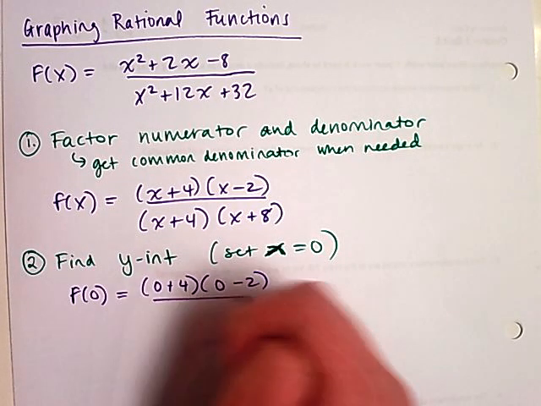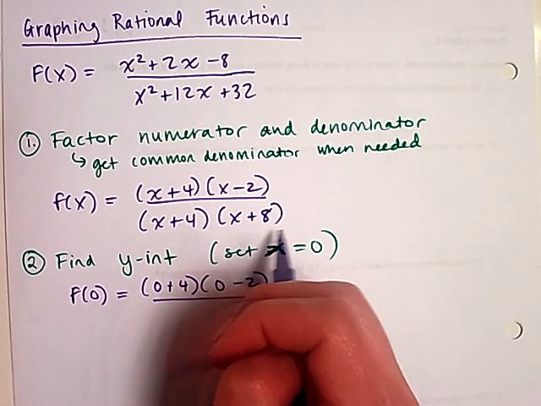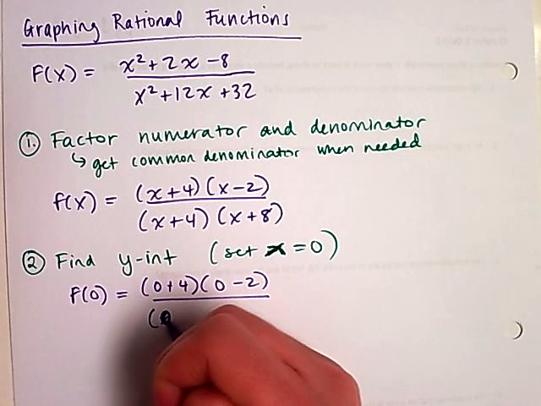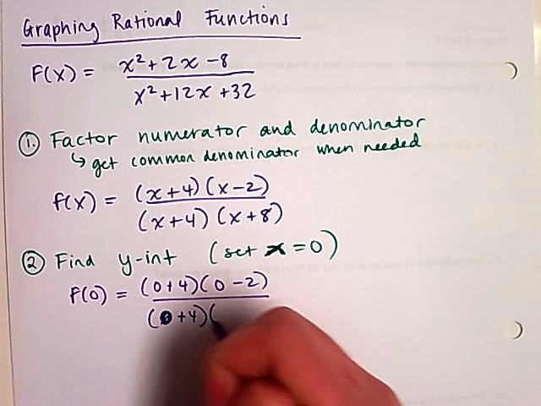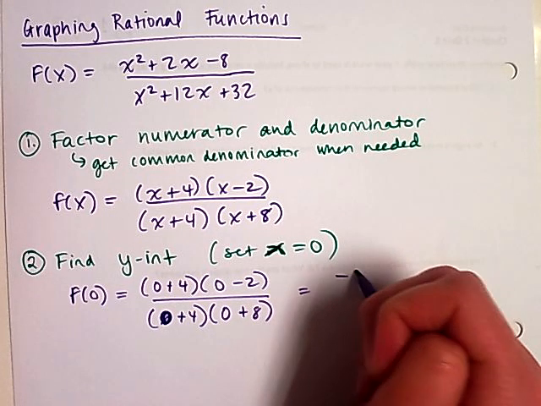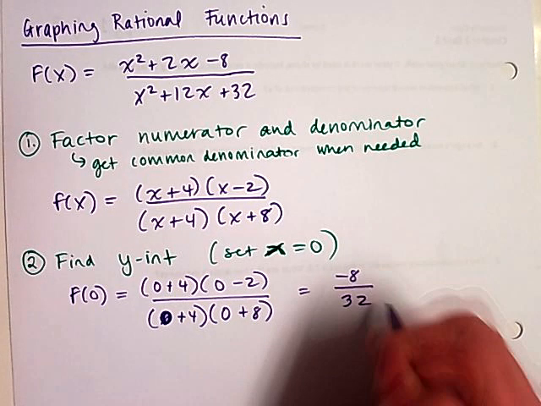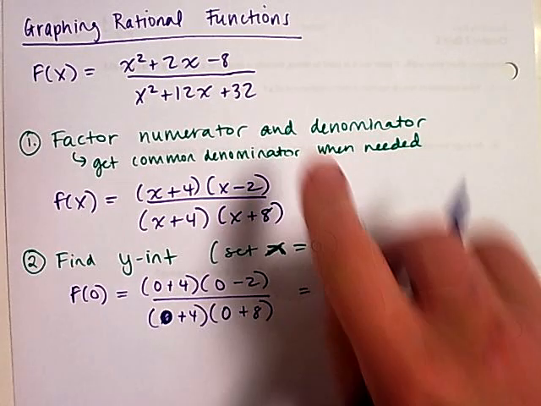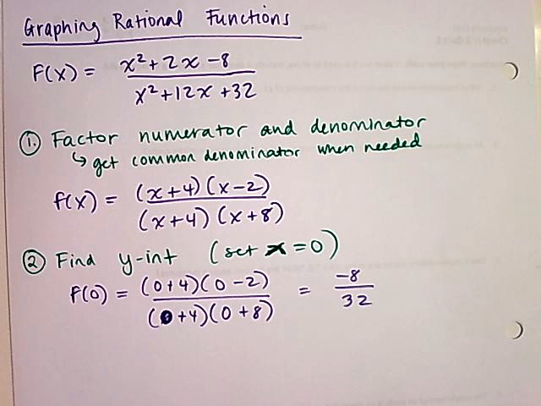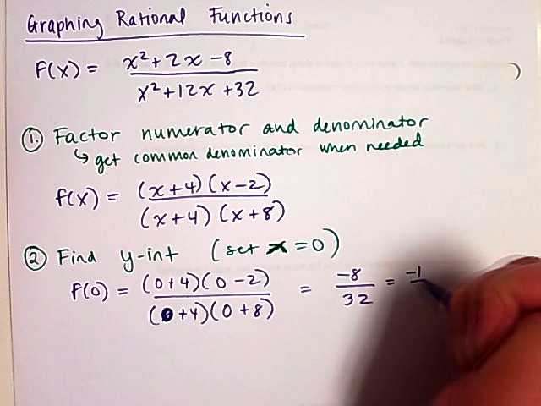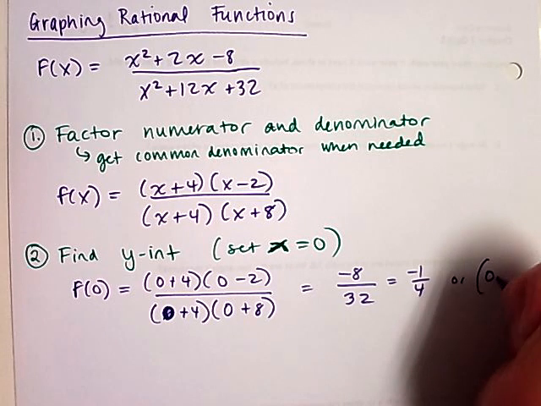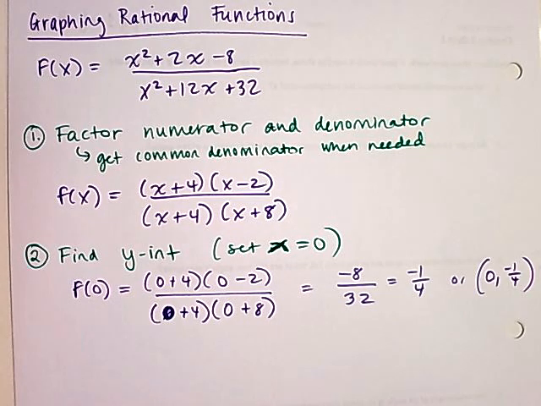This one might be easier to do in the standard form, but everything else is going to be easier in factored form. I'm going to get negative 8 over 32, which is also the ratio of the constant terms in my original form. That is negative 1/4. This tells me that my y-intercept is at the point (0, negative 1/4).